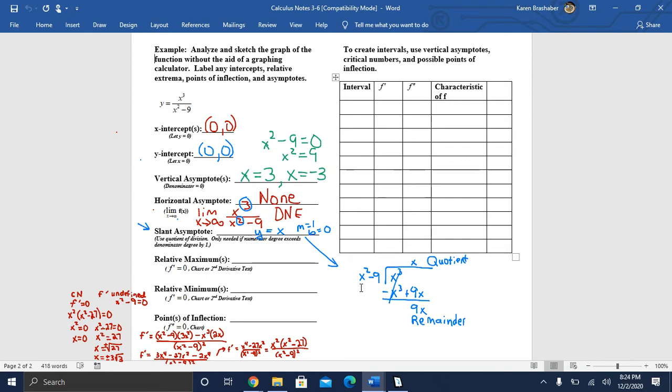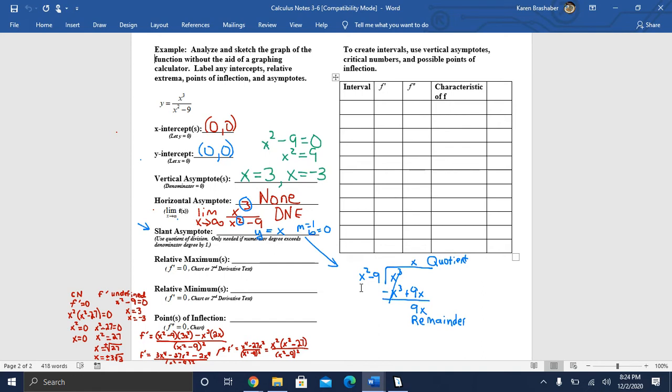It's in green at the top where we worked on the vertical asymptotes. So we already know what's going on at 3 and negative 3. Yes, they are critical numbers, but they are already taken into consideration as being vertical asymptotes. So all of this work is for your first derivative, and you'll need that in order to establish the intervals.